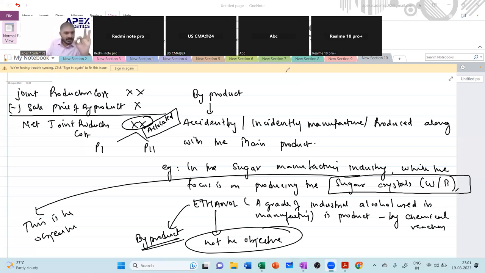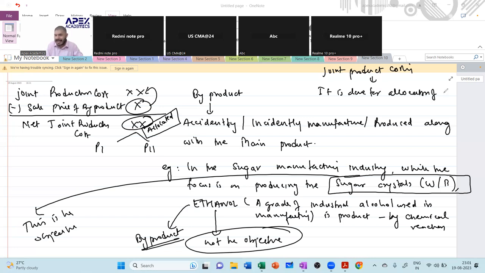Understand this. So what do you do with the byproduct? You subtract it from the joint cost. But why do you do joint product costing? What is the point of joint product costing? Always remember, joint product costing is done for the purposes of allocation of common costs.